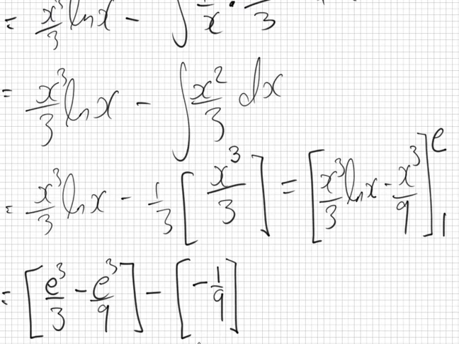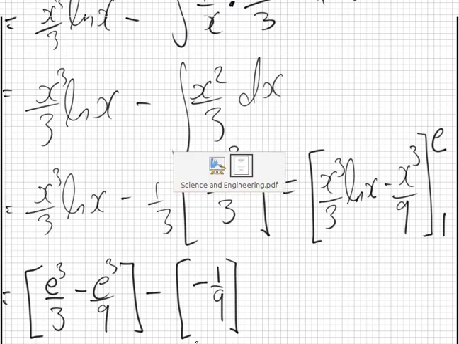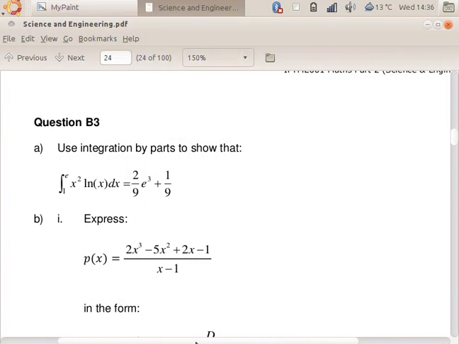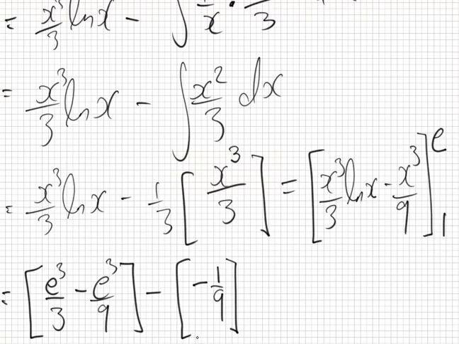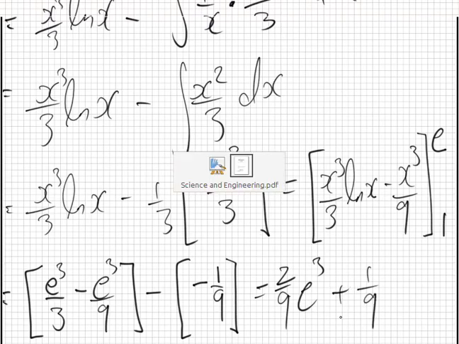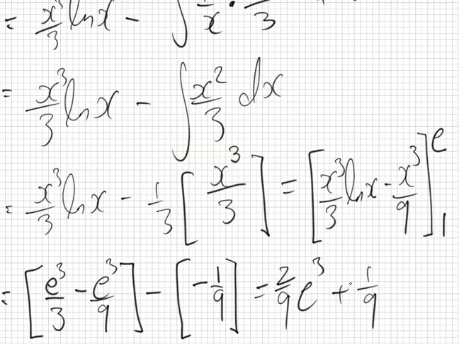Natural log of 1 is zero, yes. So 1/3 e cubed minus 1/9 e cubed is 2/9 e cubed. So this will be 2/9 e cubed minus 1/9, so that's plus 1/9. Alright, is that matching up? Great. So you got your 6 marks there.